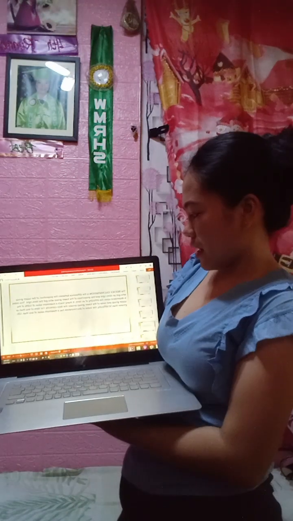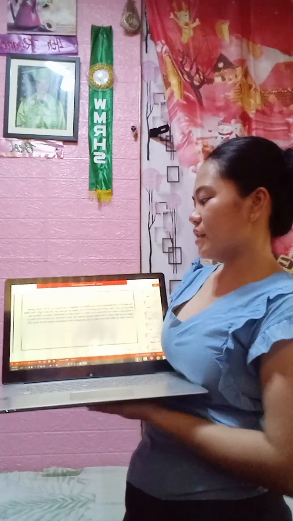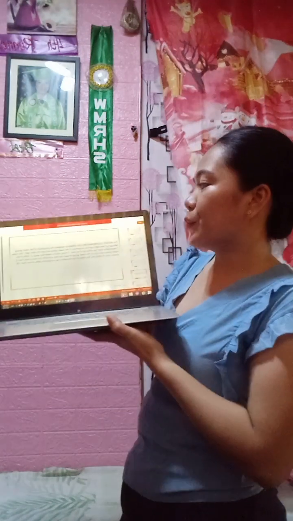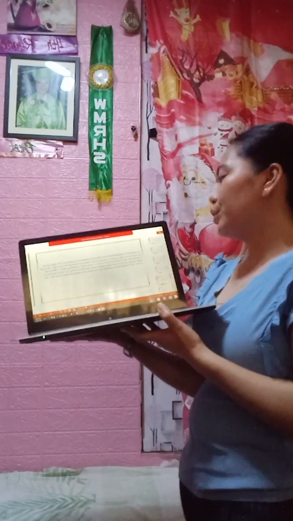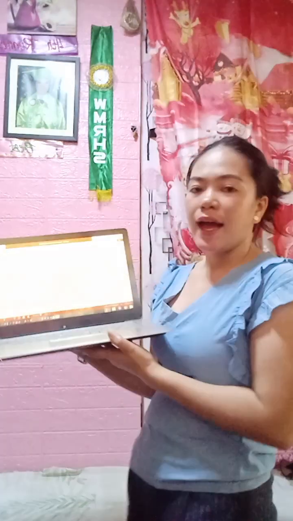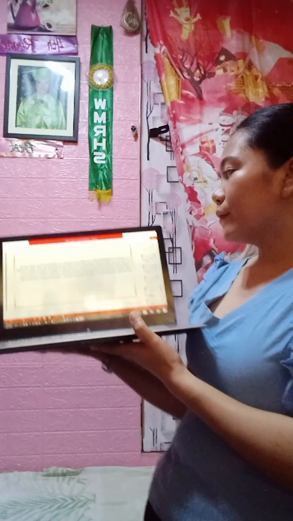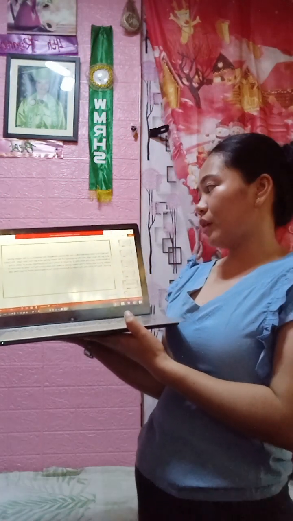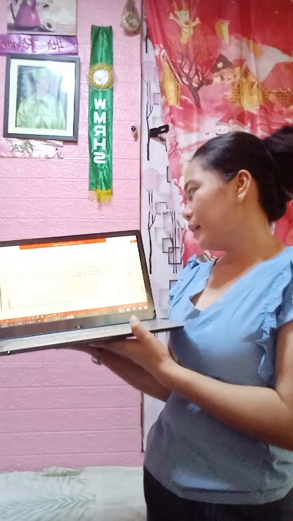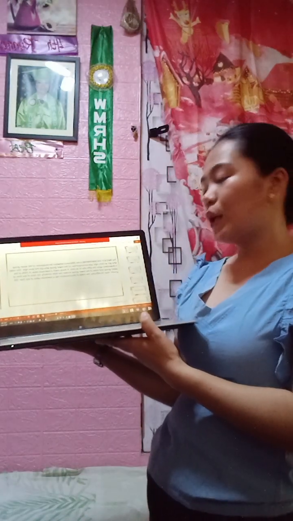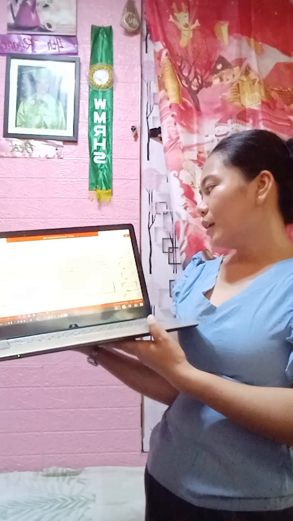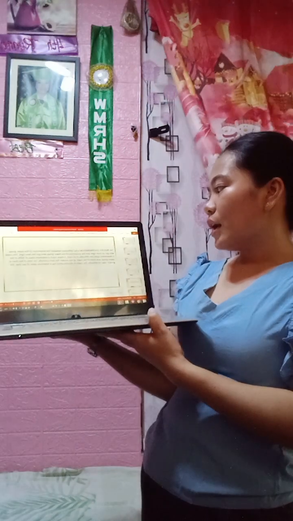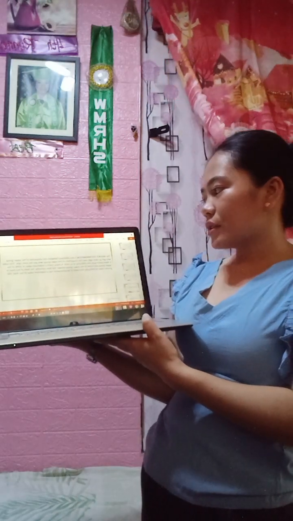The index of discrimination is the difference between the proportion of the upper group who got the item right and the proportion of the lower group who got the item right. This index is independent of the difficulty of an item. It may reach a maximum value of 100% when all of the upper group and none of the lower group answer the item correctly.